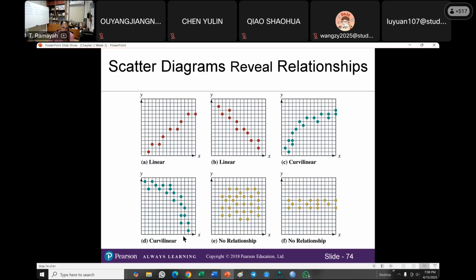That means the lines are not linear; they actually curve a bit. For these two charts, there is no relationship because there is no pattern of increasing or decreasing, and no clear pattern of whether they are curving or not. So these are the kinds of relationships that can be revealed when you draw scatter diagrams.